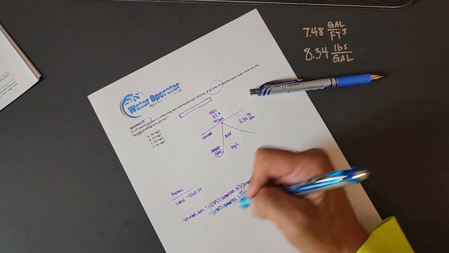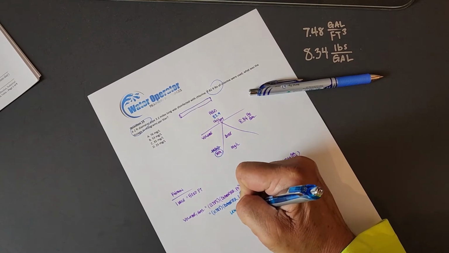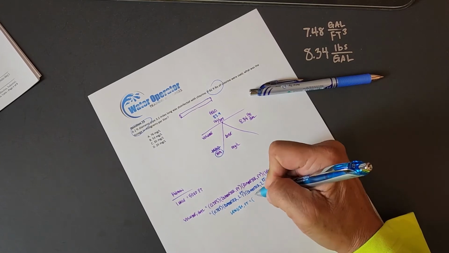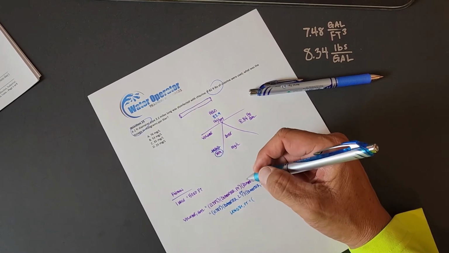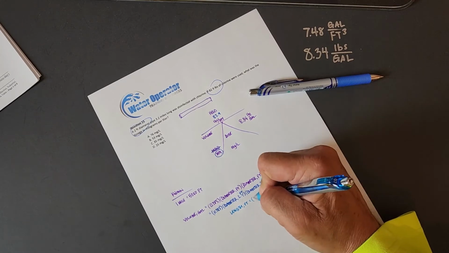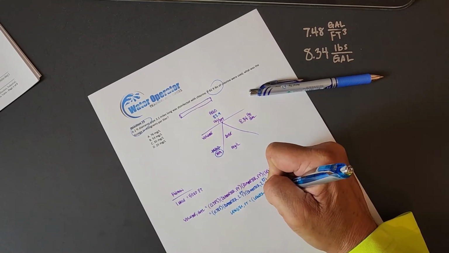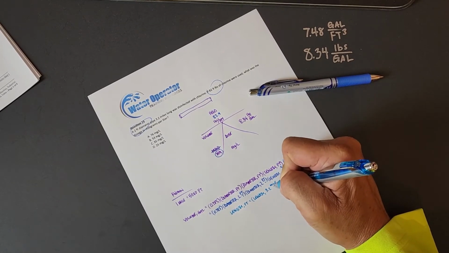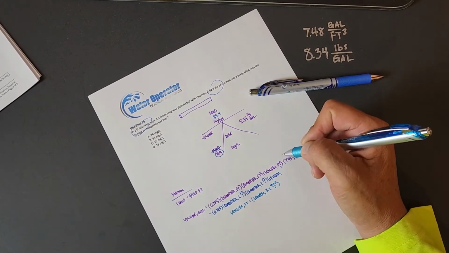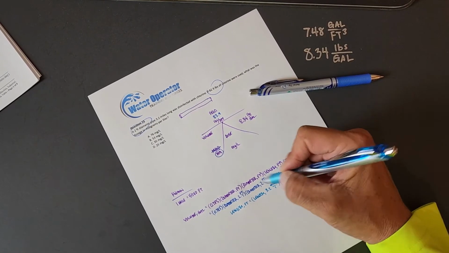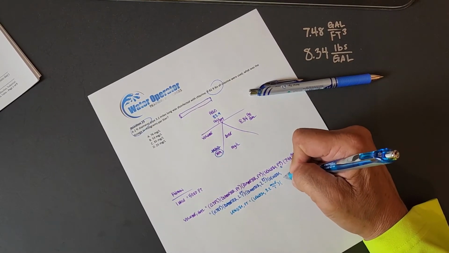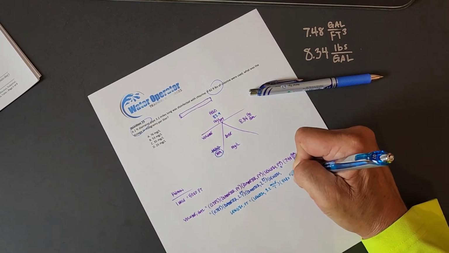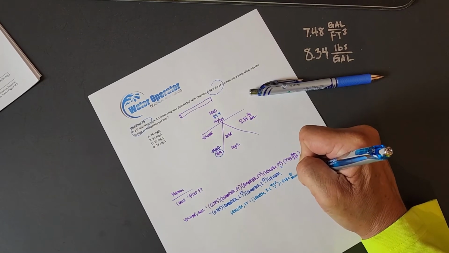So I want length in feet equals length 3.2 mile over 1. We're going to multiply that by 5,280 feet per mile.